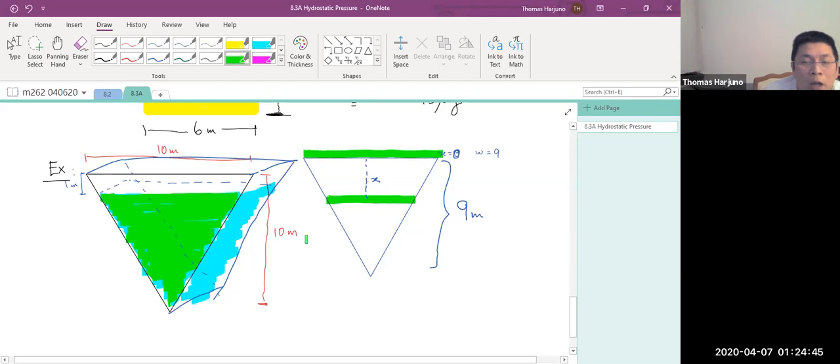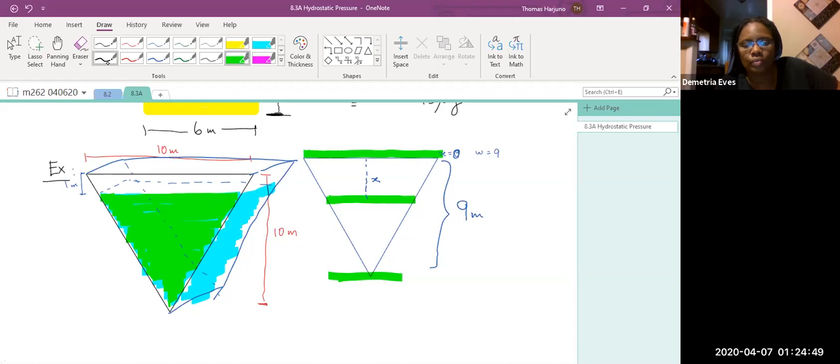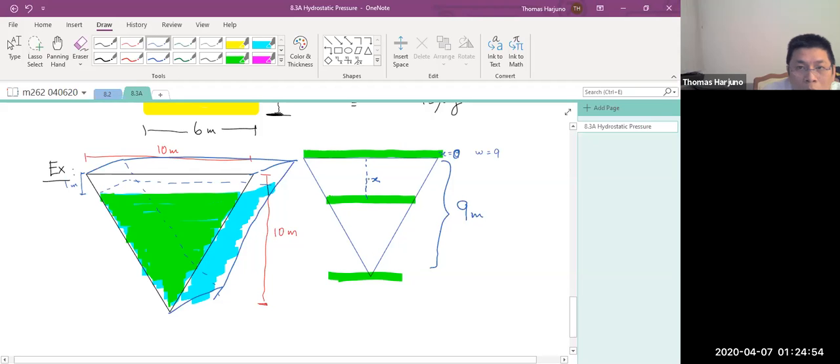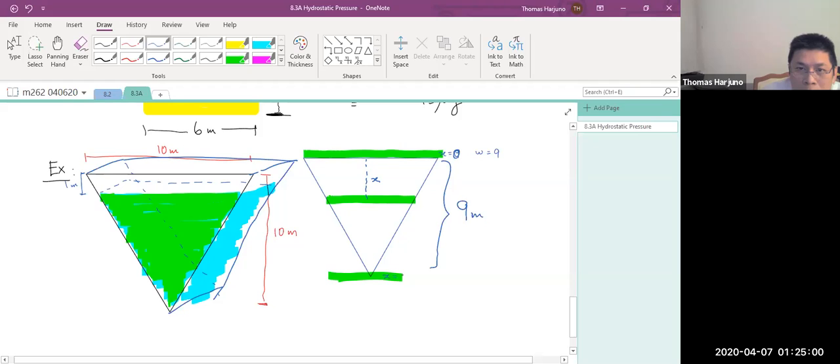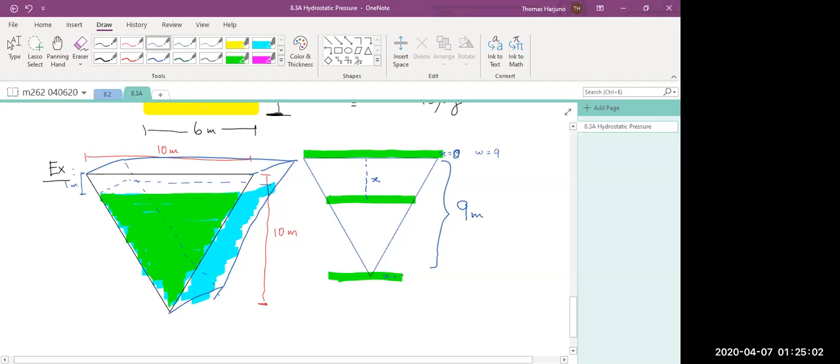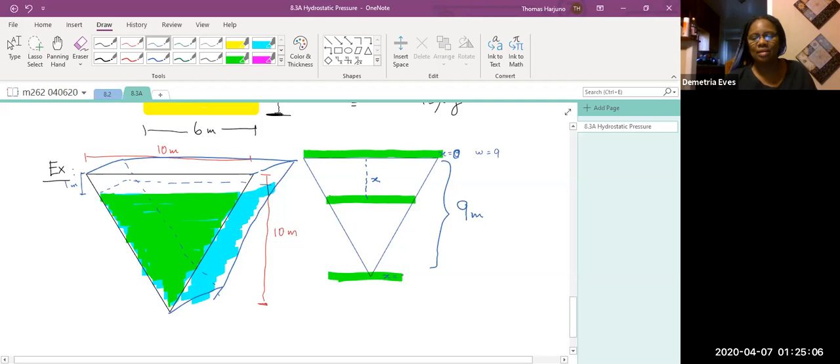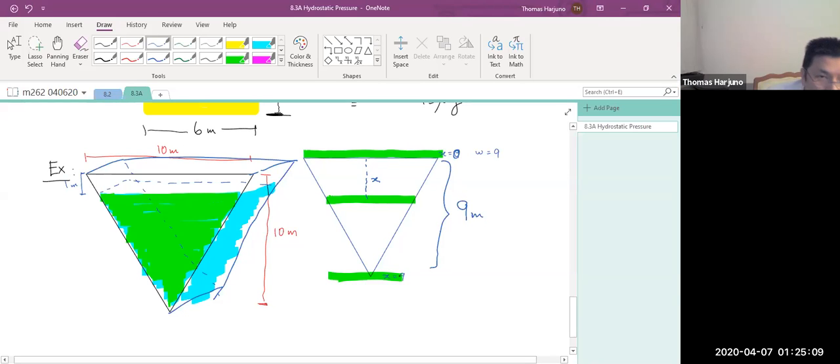Okay. While at the bottom here, what is the depth? 0. How deep is the water if we are at this point? 10? 10 or 9? It'll be 9. It's 9 from the surface of the water.